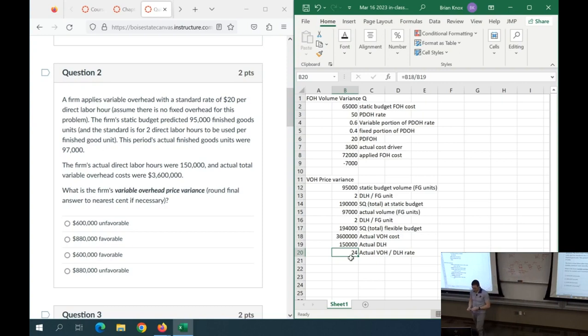So we can multiply those out. I'm doing the full squares method right now. At the standard price, those 150,000 direct labor hours should have cost us $3 million in variable overhead costs, not the actual 3.6 million, which is why it's a $600,000 variance.